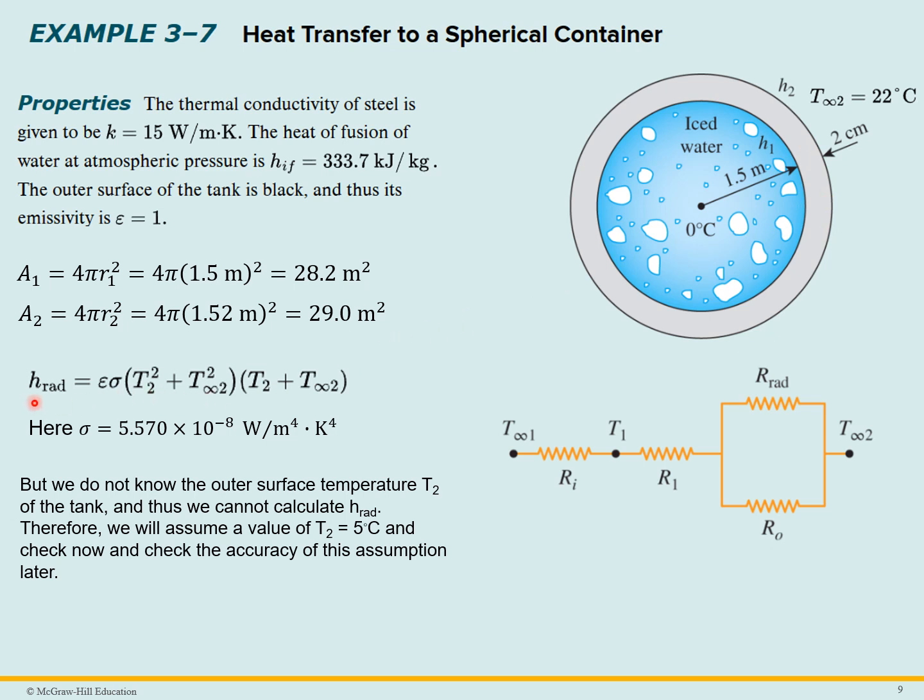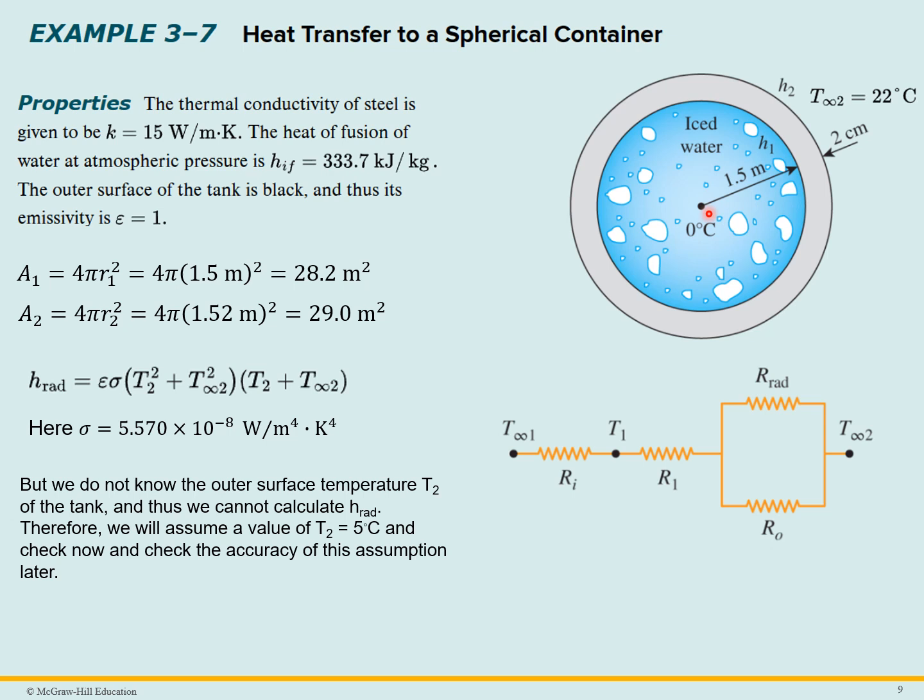The heat transfer coefficient for radiation is the emissivity times the Stefan-Boltzmann constant, which we're given. We can look this value up. It's T2 squared plus T infinity 2 squared times T2 plus T infinity 2. So if you need to review this, look back at the chapter 1 lectures. This is probably the last lecture in chapter 1 that talks about radiation.